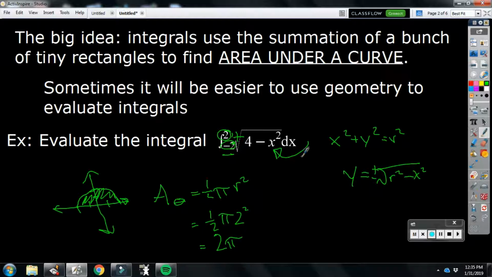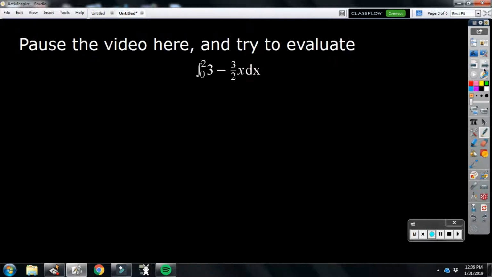Okay, so in this lesson, all we're going to get to is using geometry, not calculus. So we're going to do things like this. Can you please pause the video here to try and figure out what the area under this curve would be? And it's actually not a curve, it'll be a line. Okay, hopefully you graphed this. And you got 1, 2, 3 as the y-intercept, slope of -3 over 2.